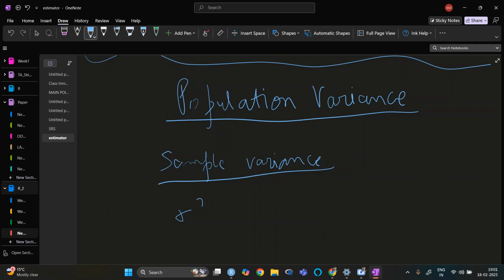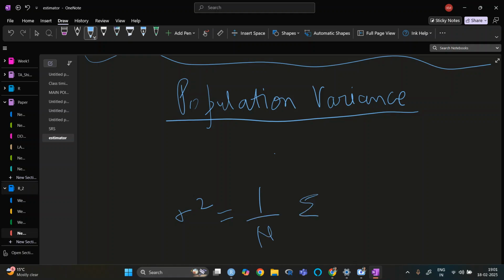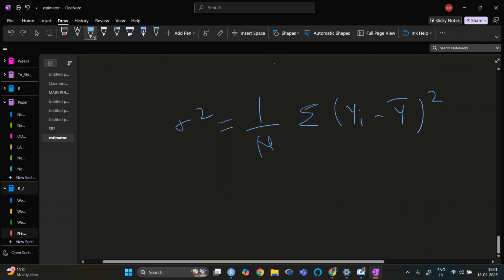There are two. The first is basically 1 by n summation of yi minus y bar square, and the next one is similar.